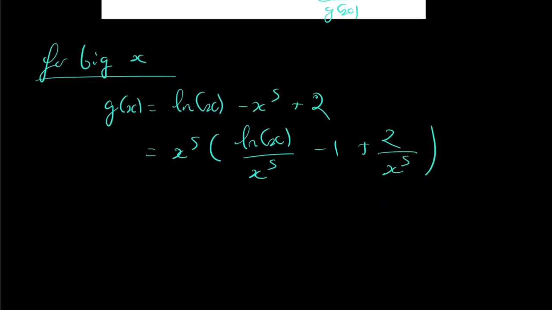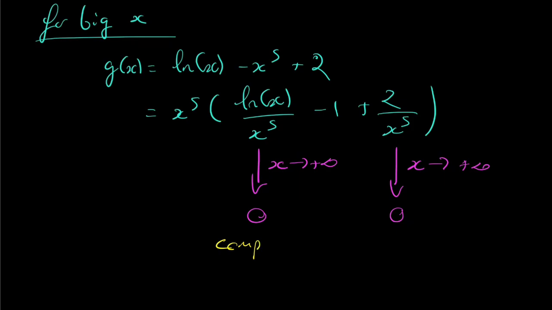This will tend to 0 when x tends to plus infinity. This will also tend to 0 when x tends to plus infinity. You justify it by saying compared growth. This will obviously tend to minus 1.